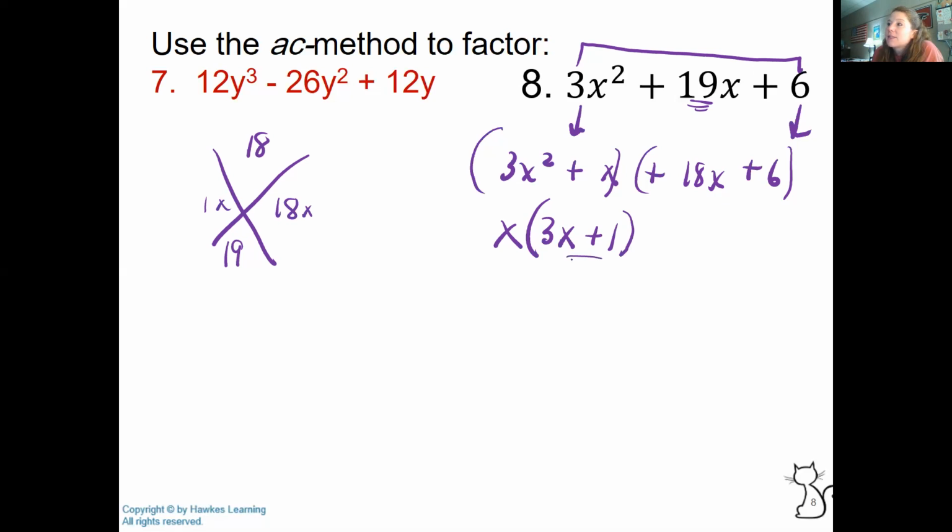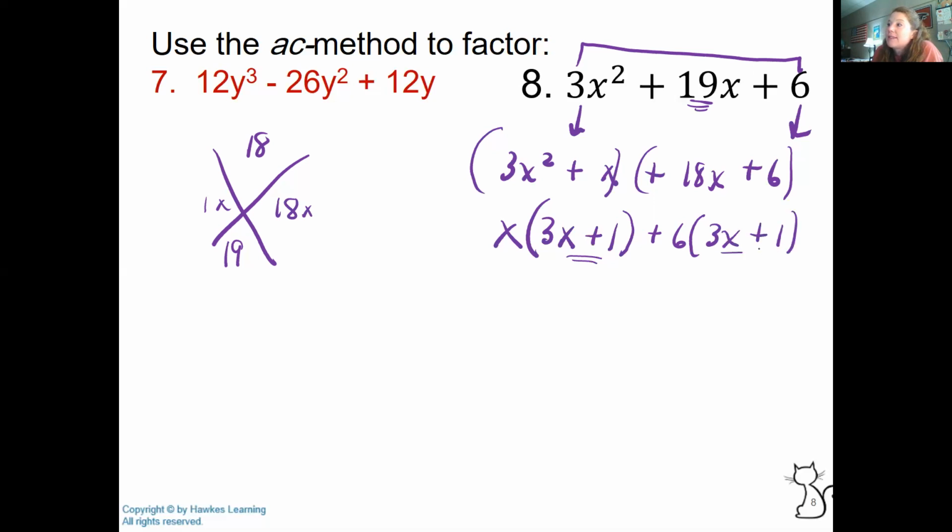And kind of think about this one. You want those to equal each other, right? So can't we divide both of these by positive 6? And you have to write the plus symbol, because if you don't, that would show multiplication through everything. But anyway, 18x divided by 6 is 3x, and 6 divided by 6 is 1.